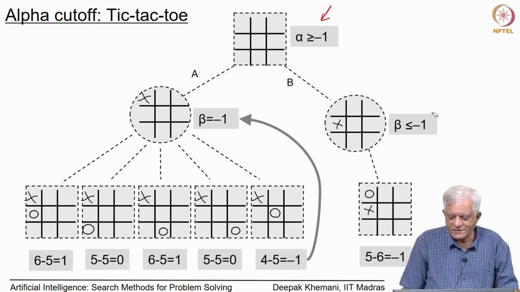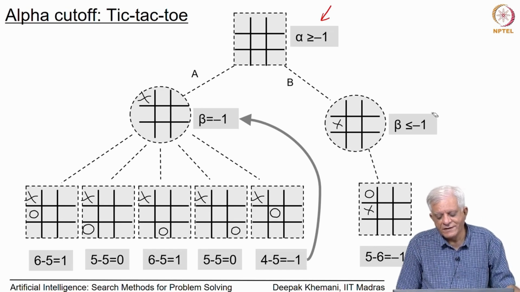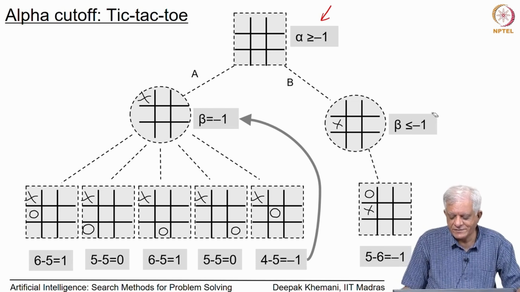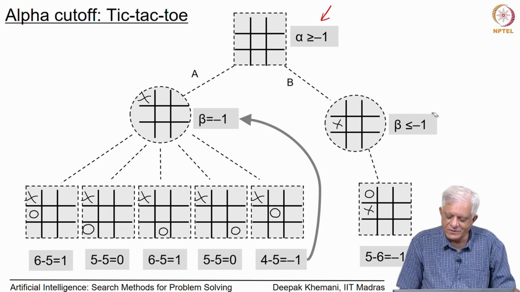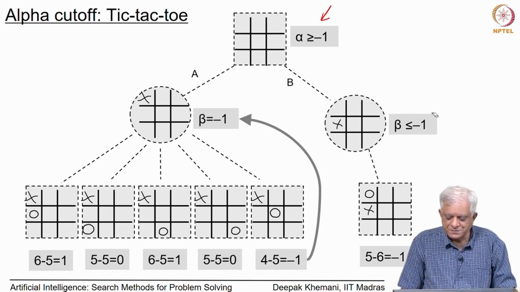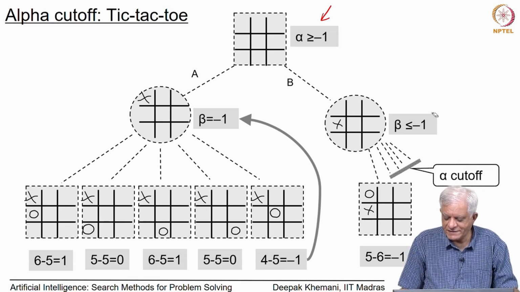So, you can see that these two nodes are not going to do any business, because beta is going to look for a value smaller than -1 and alpha has already got -1 from the first child and is looking for a higher value. So, at this point the cutoff occurs, and this cutoff is called an alpha cutoff.